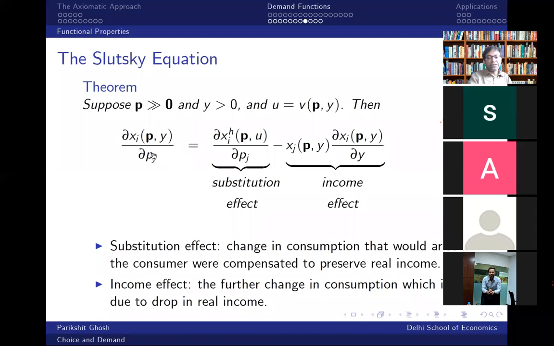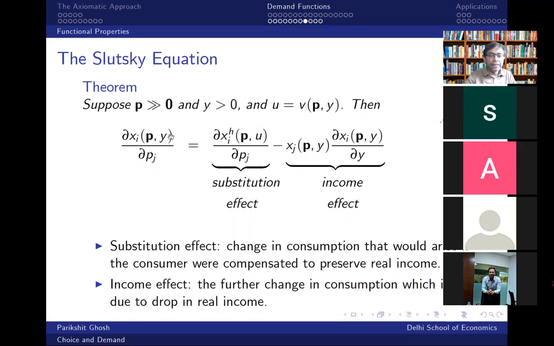well, first, let me start in a technical way: the slope of the Marshallian demand function, the ith Marshallian demand function, its slope with respect to the jth price, can be written in this form with two terms. The first term is the corresponding slope of the Hicksian demand function.